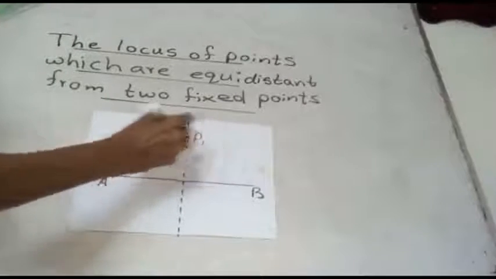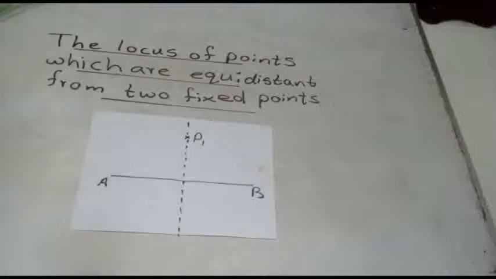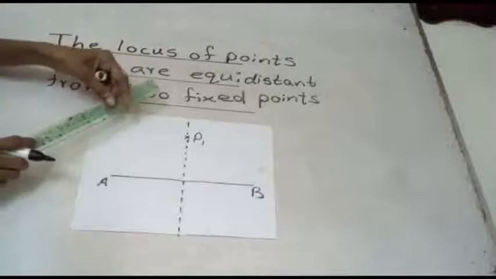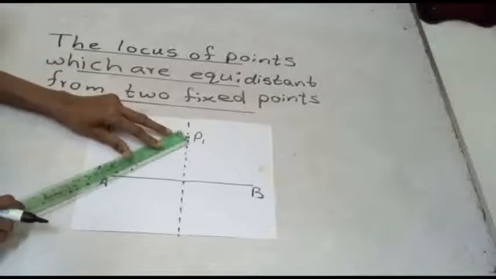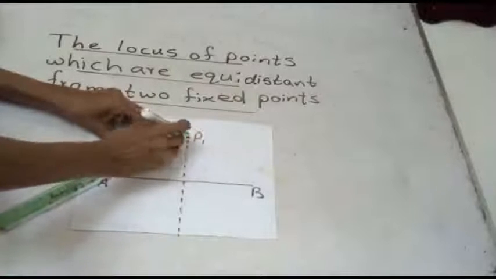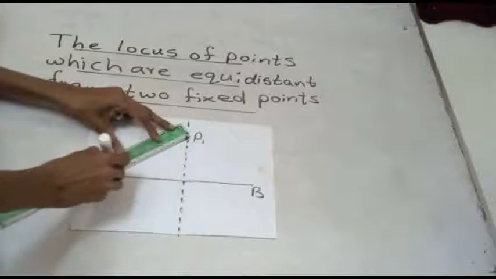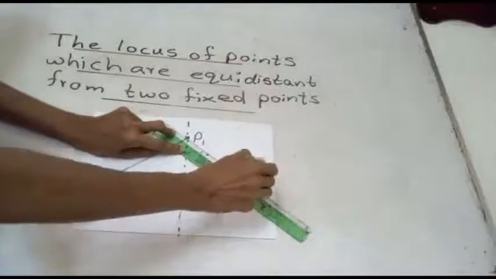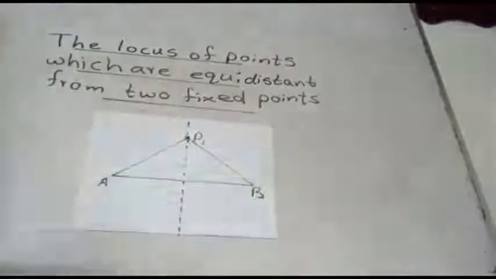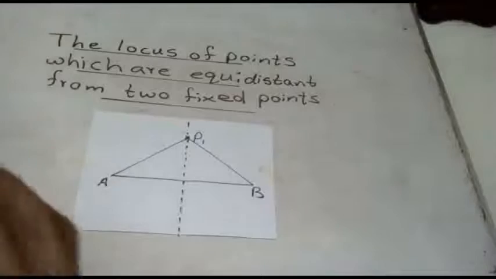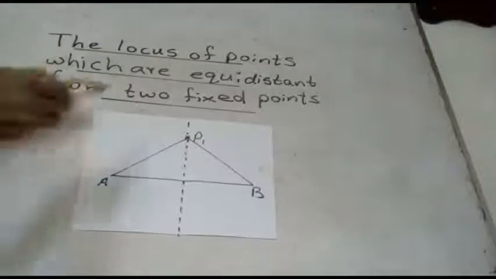Draw the straight lines P1A and P1B, and measure and write the lengths.